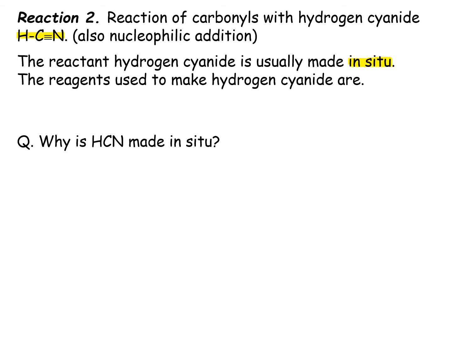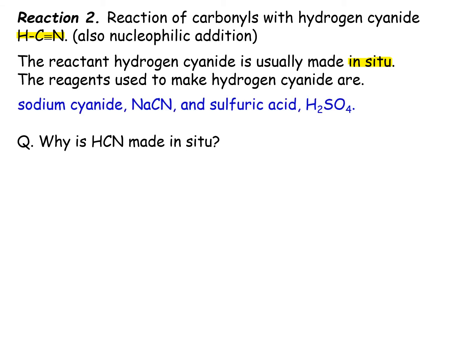The reagents that we need to use to make the hydrogen cyanide here are sodium cyanide and sulfuric acid. Those two react together in the reaction vessel to make the HCN, which will then react with the carbonyl.